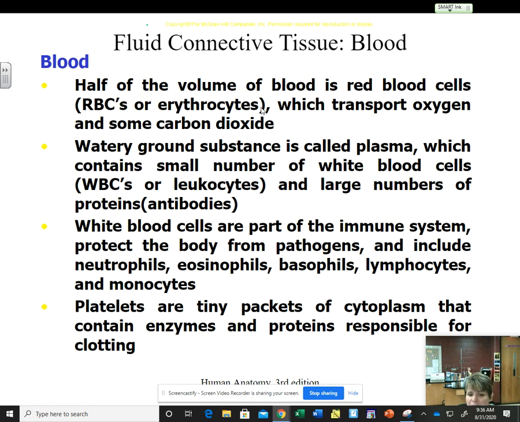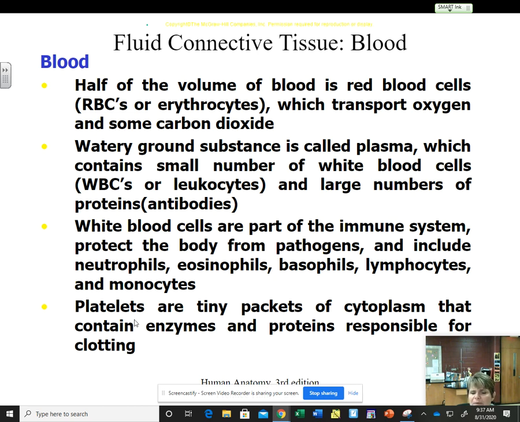We're not going to get into those, but this is the name of some of them. Notice we talked about mast cells. Mast cells are basophils. They produce histamine and heparin that cause the allergic response and inflammation. But again, their function is to attack and destroy pathogens.